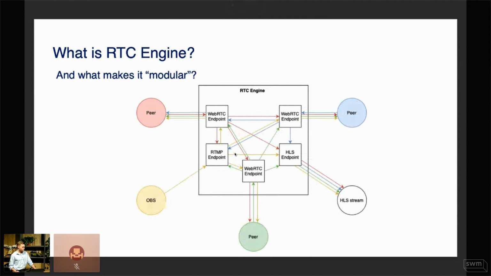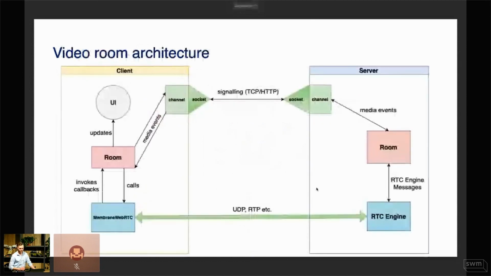For instance, we can create custom endpoints, just like this HLS endpoint, which will subscribe to all tracks from other endpoints and perform some business logic, in that case creating the HLS stream, which can be, for instance, stored on the disk later on. So this is the point where we can add our own custom business logic to that module. Okay, so right now we have discussed a little bit about the architecture, and let's go to the coding part.